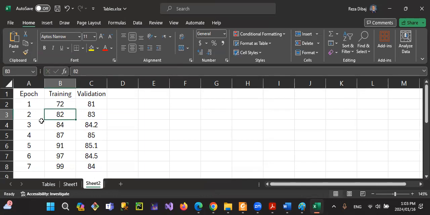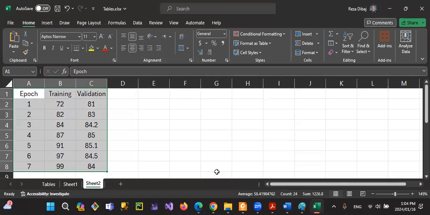Next round, next epoch, epoch number 2. In the next round, you see that the accuracy is 82% and validation is 83, still underfitting.